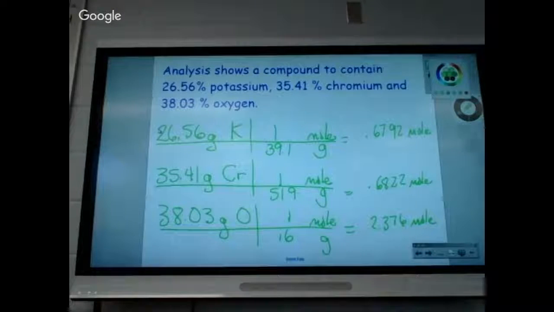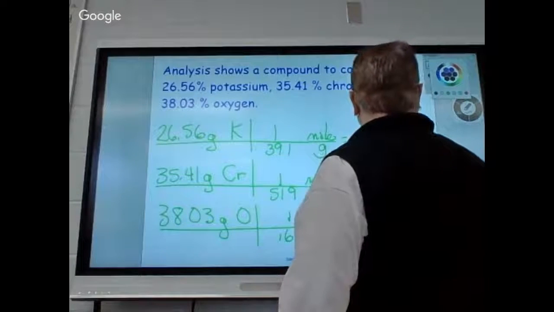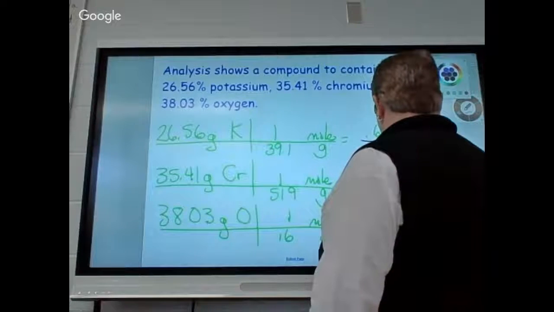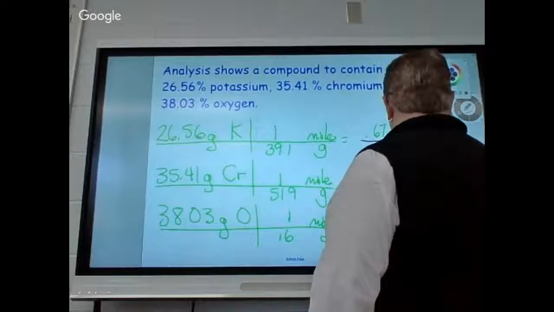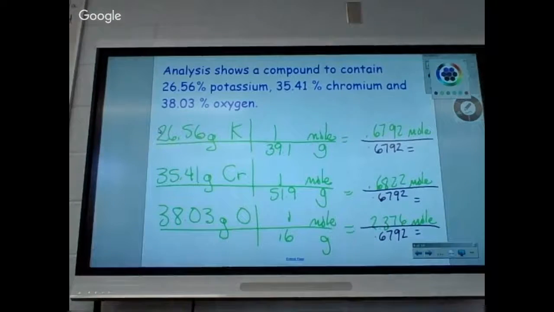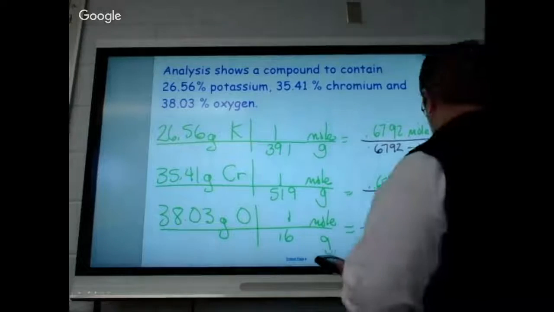So if I take the 0.67 and I divide by it, all right, so that's going to be a 1. 0.6822 divided by 0.6792, 1.00, would be 1. And 2.376 divided by 0.6792 would be 3.498.